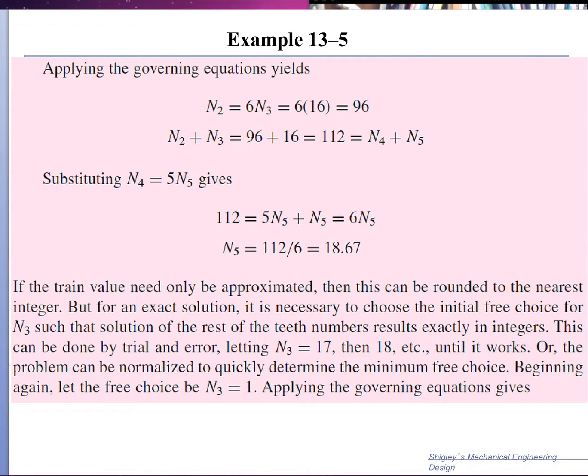That's easy because we can start from N3 being 16. We can get N2, and then the sum of N2 and N3, 112, gives me N4 plus N5. Because I know that the gear ratio for stage 2 is 5, we are able to solve exactly for the number of teeth on gear number 5.